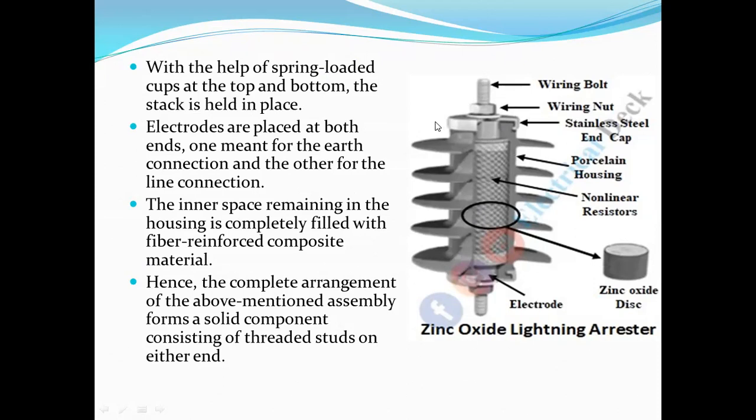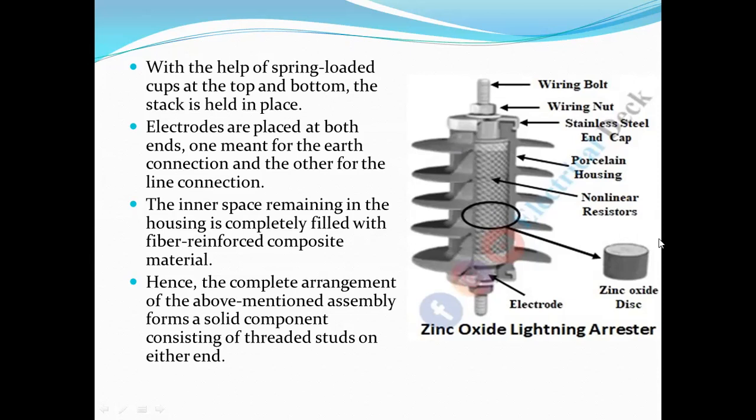These are the stainless steel caps, and these two are the electrodes, and in between them this material is provided. This is a non-linear resistor, and there is a porcelain housing. Porcelain housing means there is an insulating coating of the insulator, right?